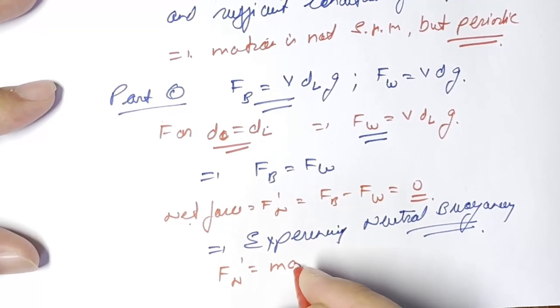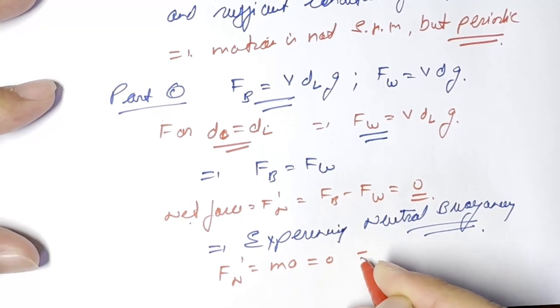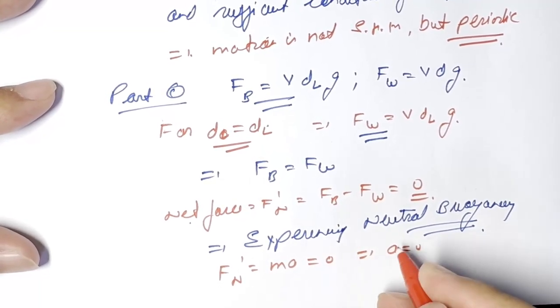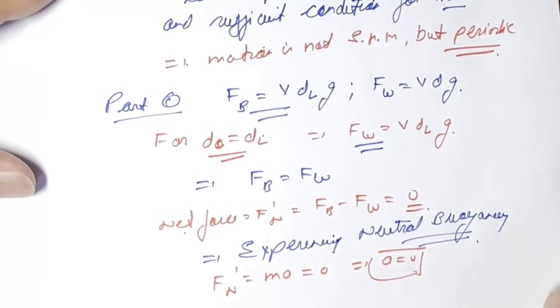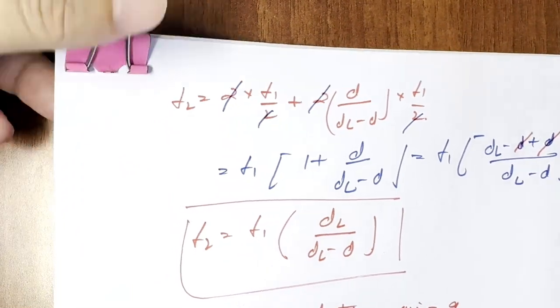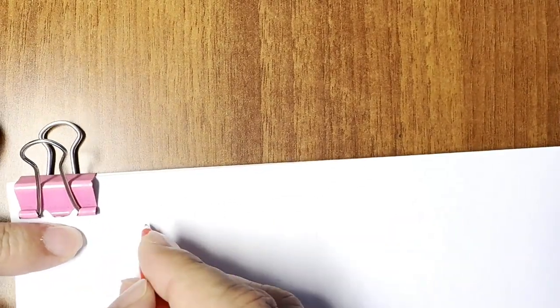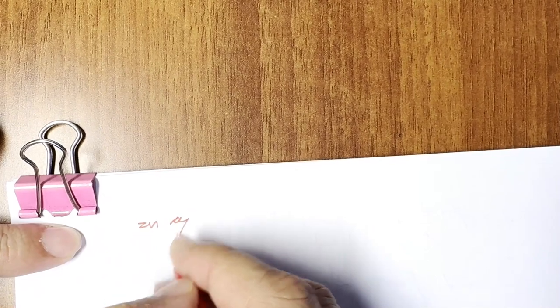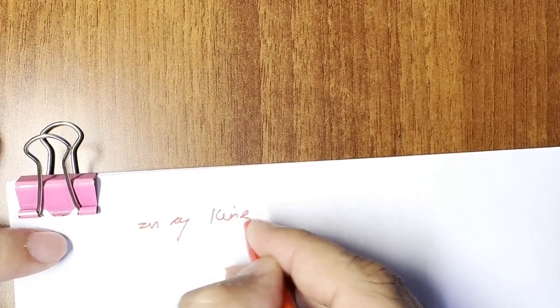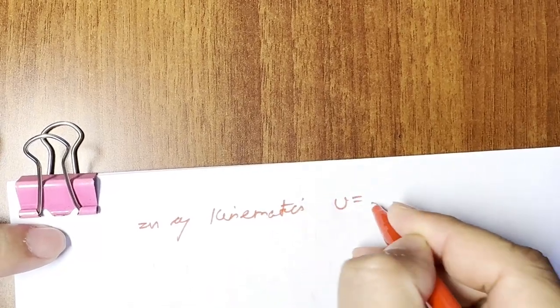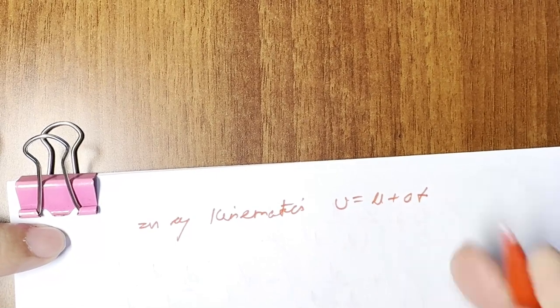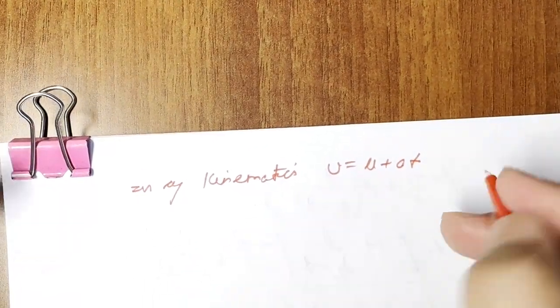As the net force is equal to 0, we can say from here that F net will be equal to mass into acceleration, which is equal to 0. So we state that our acceleration will be equal to 0. And we can use the equation of kinematics, V is equal to U plus at, acceleration is equal to 0.